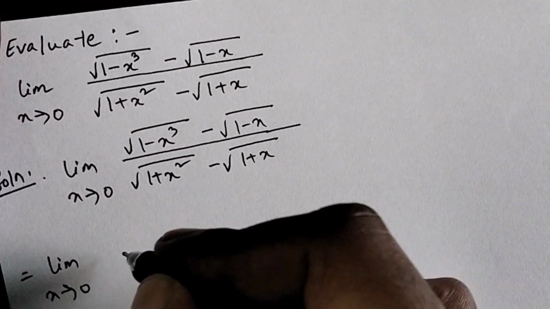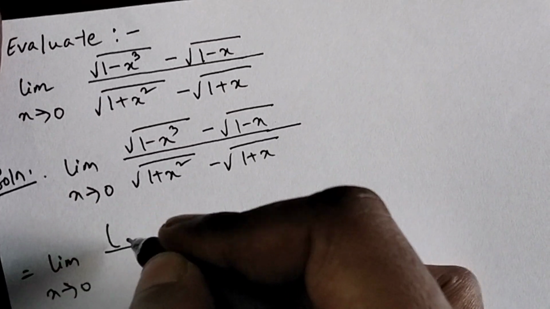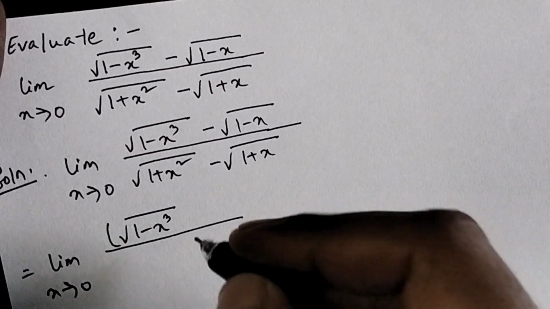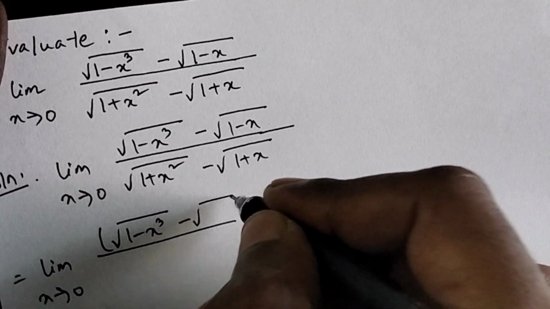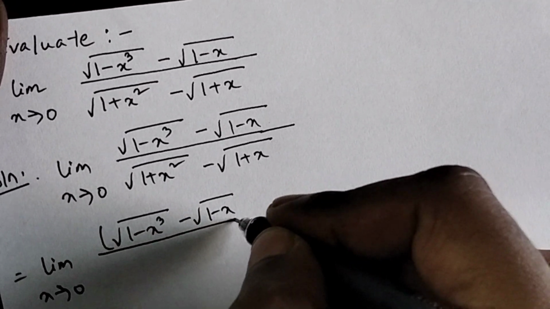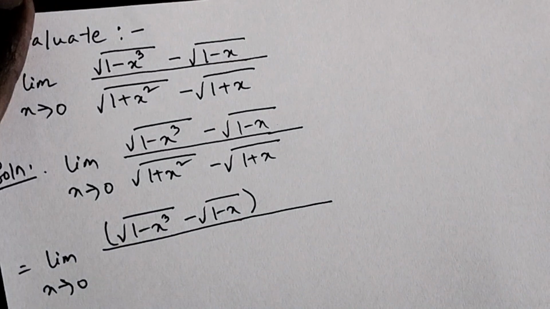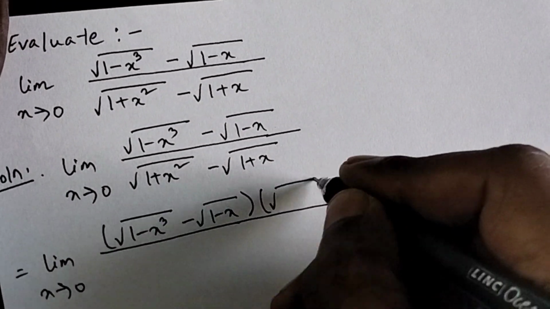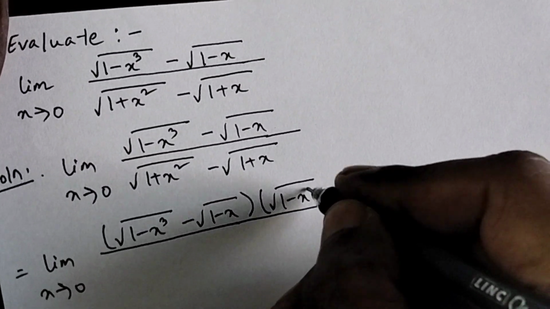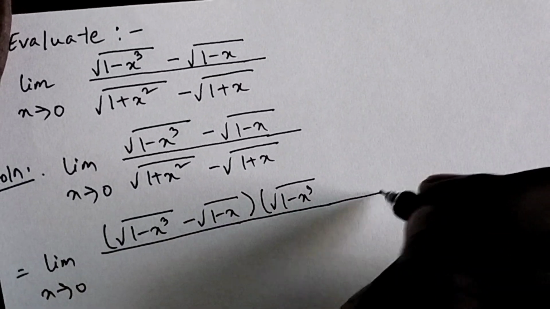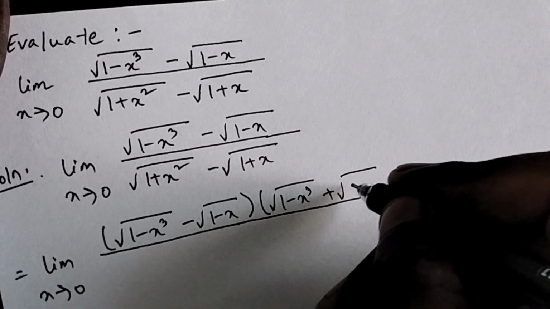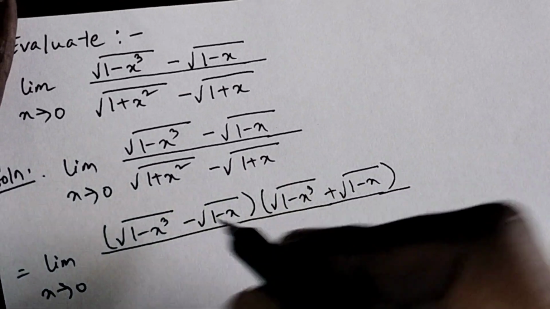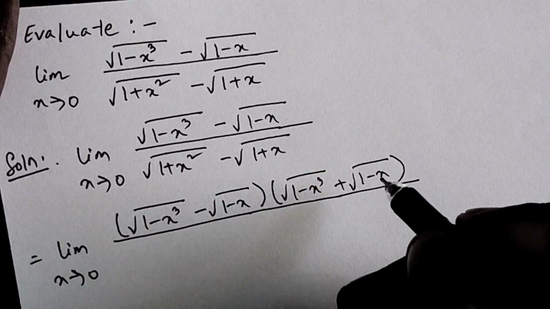So now see, limit x tends to 0, under root 1 minus x cube minus under root 1 minus x, into under root 1 minus x cube plus under root 1 minus x. It was minus, we are multiplying this with this.